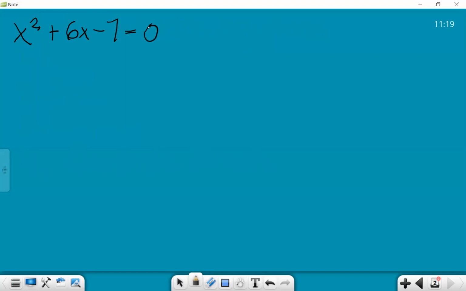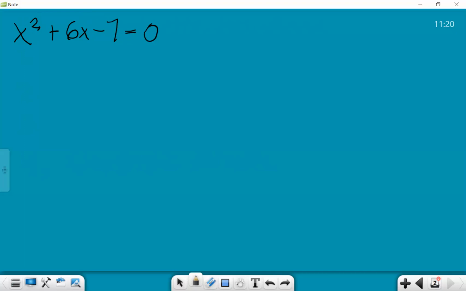And those of you who are really comfortable with factoring might notice that this particular example does factor. I can solve this equation by factoring and using the zero product property, but I don't want to do that. I want to use this as an example to show completing the square. So that's what we're going to do.